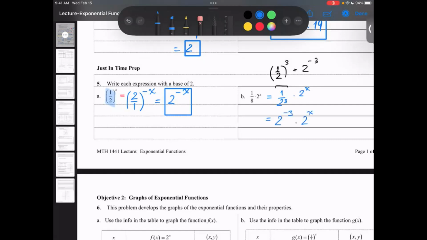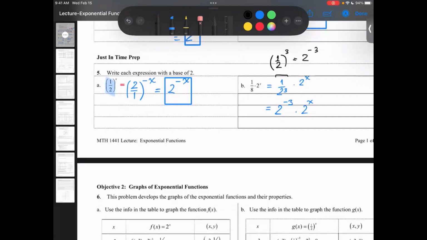Can I combine these two together? If I have a to the m times a to the n, it equals a to the m plus n, right? So it equals 2 to the negative 3 plus x, or I like to put x first, so 2 to the x minus 3.